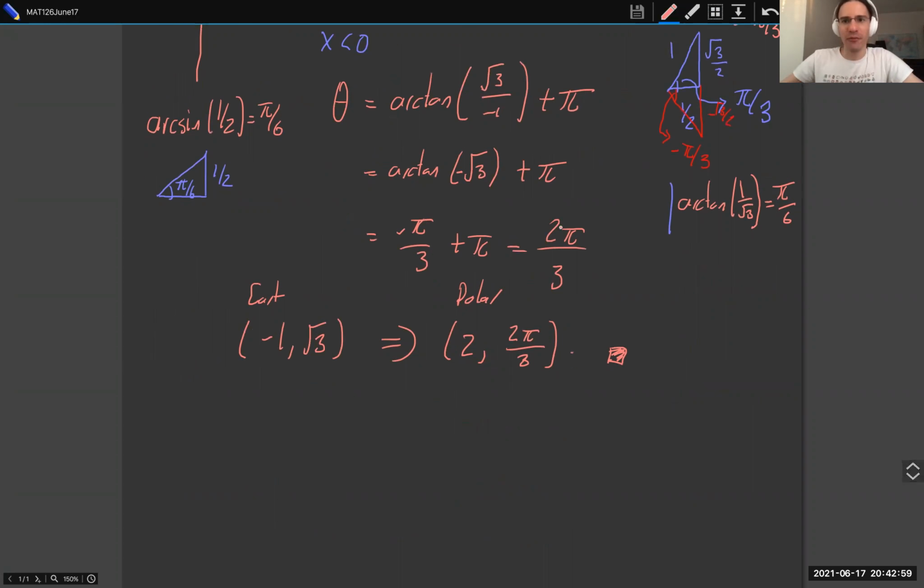Let's see, how much time do I have? Okay, so I'm not going to get very far today. We're going to do most of polar coordinates tomorrow. Let's discuss graphing in polar coordinates.